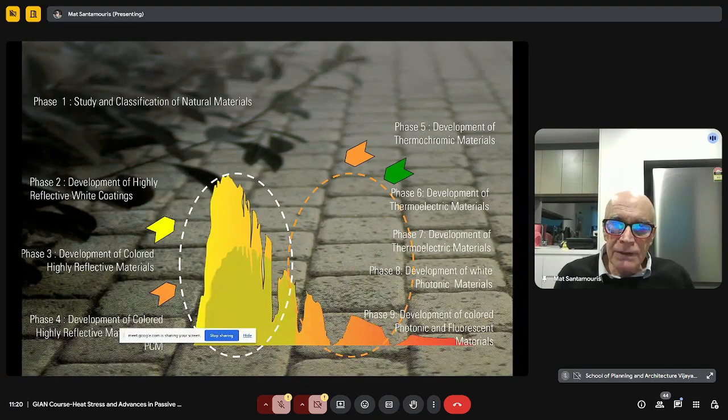Materials are used in traditional settlements around the world, and people understood that light color materials present a lower temperature, while dark materials a high temperature. So this is the reason that in the warm parts of the world, they used to use light colors.